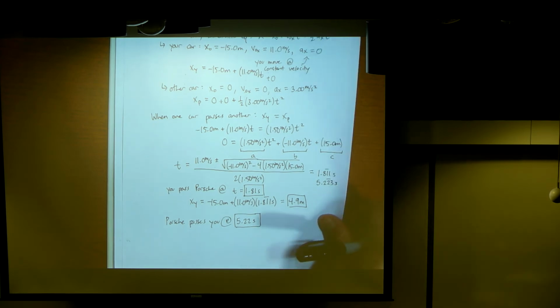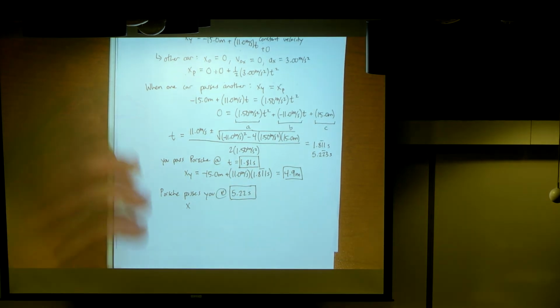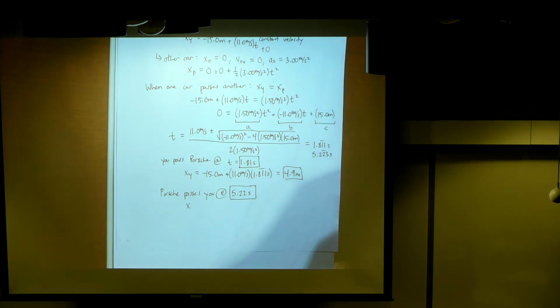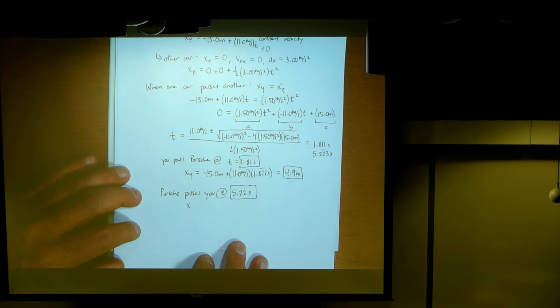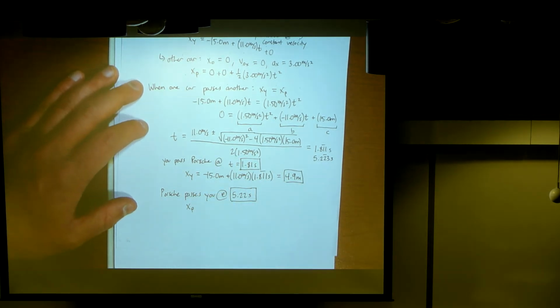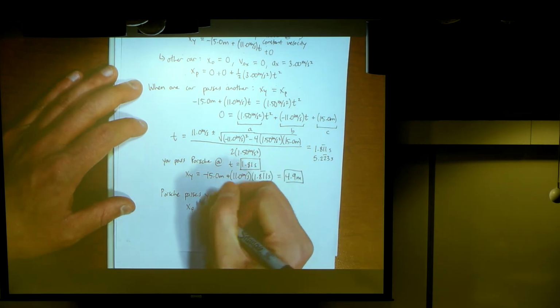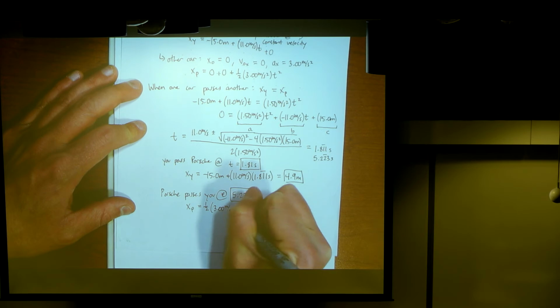Okay? And like I said earlier, if we want to know what the location is, where that happens when the Porsche overtakes you, we just plug that time back into one of these x equations. And we could choose either one. Let's do xp just to switch it up. That is a half times 3 meters per second squared, right?